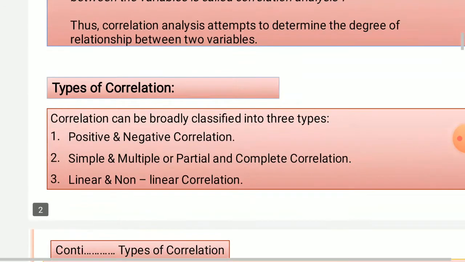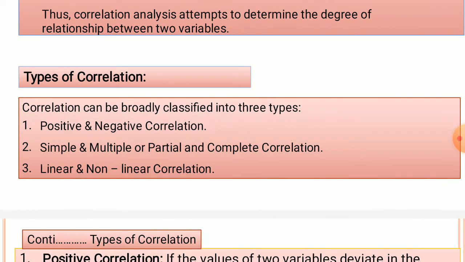Now, types of correlation. Correlation can be broadly classified into three types. One is positive and negative correlation, simple and multiple or partial and complete correlation, linear and non-linear correlation.